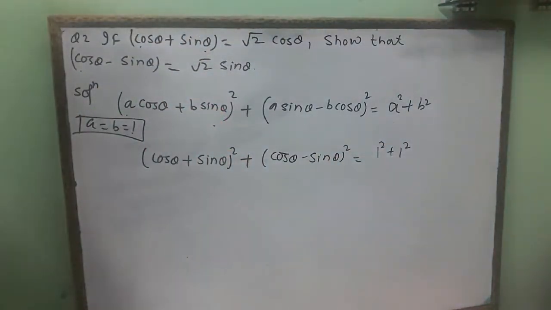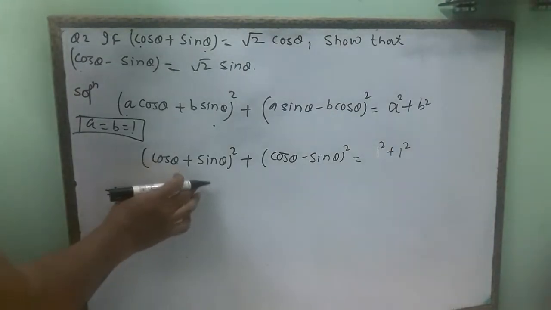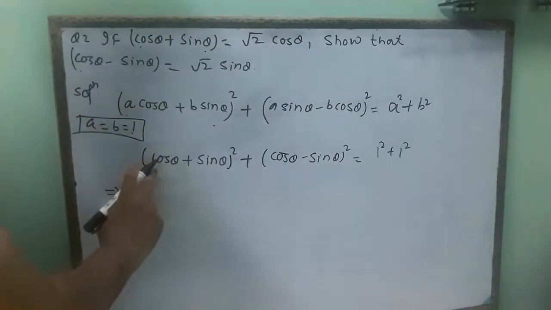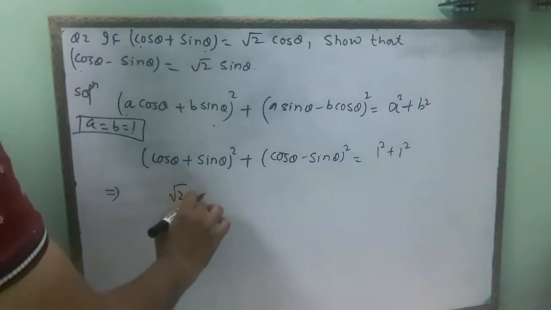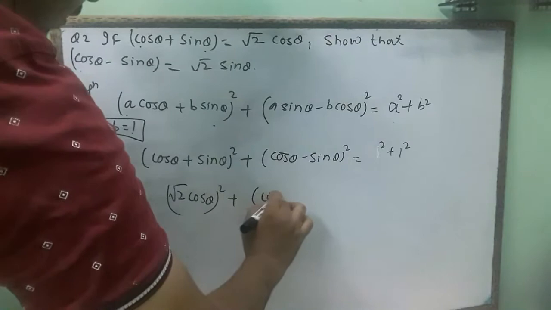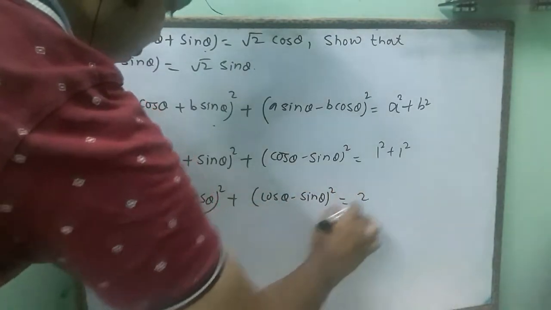Now, the given thing is that cos theta plus sin theta is equal to root 2 cos theta. We will put this value as root 2 cos theta. So it will be root 2 cos theta whole square plus cos theta minus sin theta whole square is equal to 2.